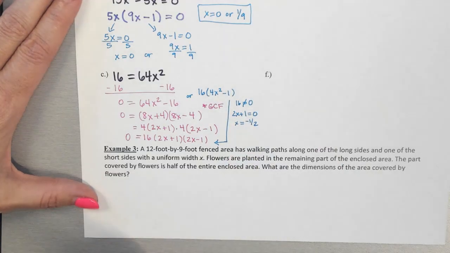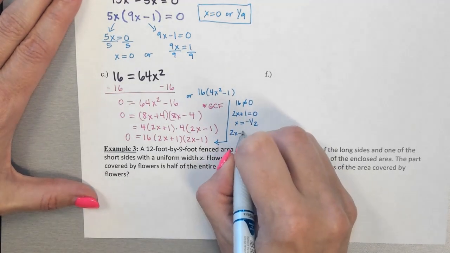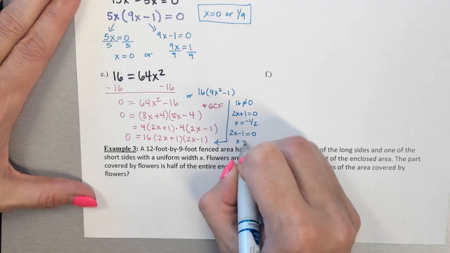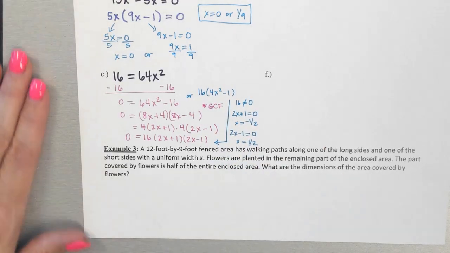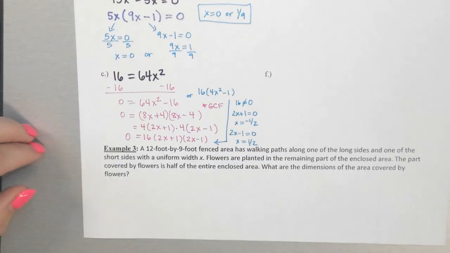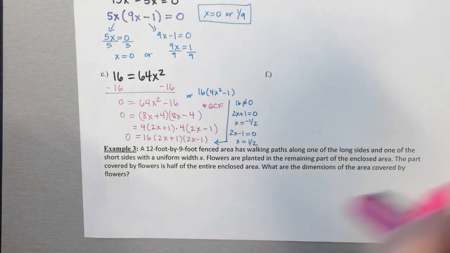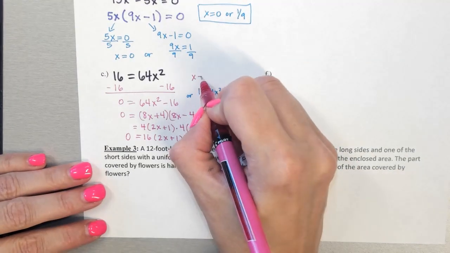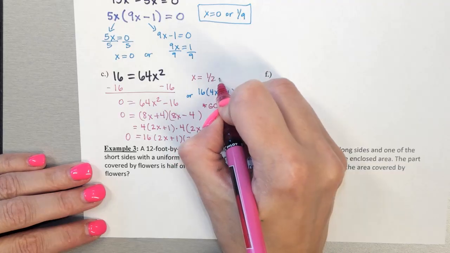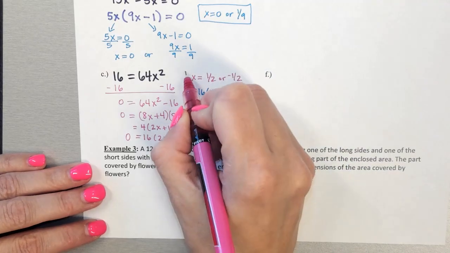You subtract 1, divide by 2. The 2x minus 1 equals 0 is going to give you x is positive 1/2. So those are going to be your final answers. X equals 1/2 or negative 1/2.